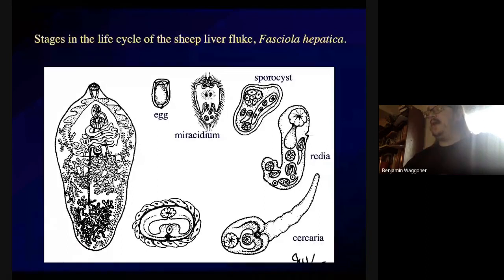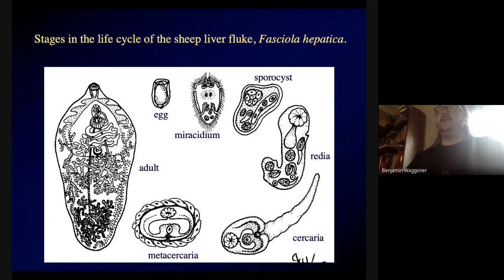There's the cercaria, and by the time you're at the cercaria stage, that's pretty much a miniature of the adult, except it's got a tail. So the cercaria come bursting out, swim around, develop into a metacercaria, and in the case of this species, the metacercaria form on grass blades, and they'll sit there waiting for a sheep to eat the grass, as sheep do.